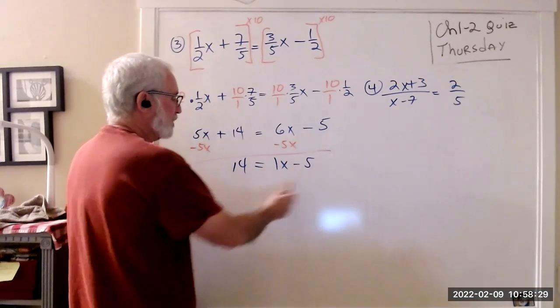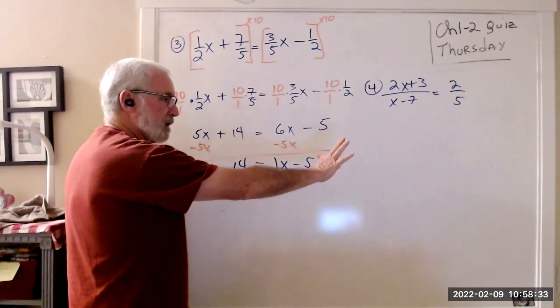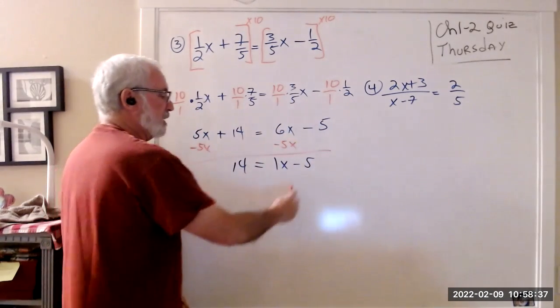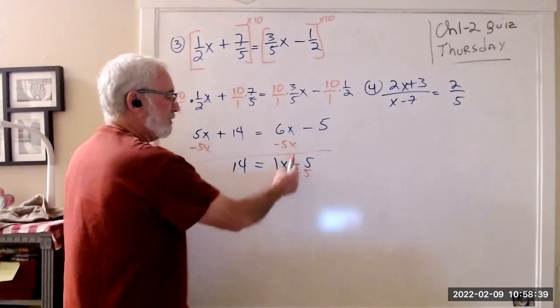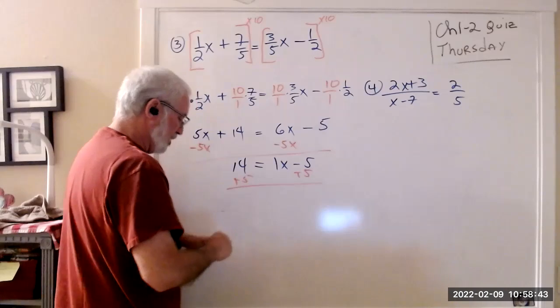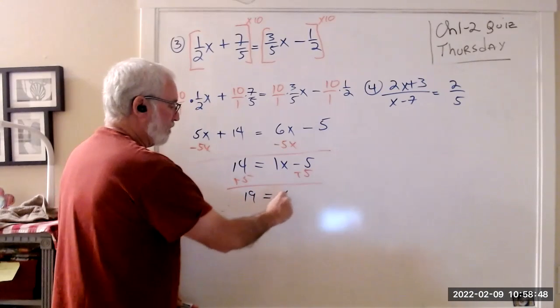Add 5 because at this step you have all your x's on the right hand side. That means you want to move all your normal numbers to the other side. So you're going to add 5 to cancel that out. Add 5 to keep it balanced. So we get 19 equals x.